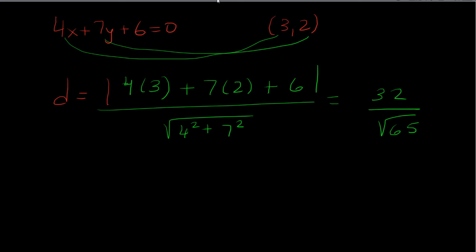Now let's look at negative coefficients and negative points. So if I have negative 4x plus 3y minus 8 equals 0, the point is (-1, 3). Now the distance will be the absolute value.